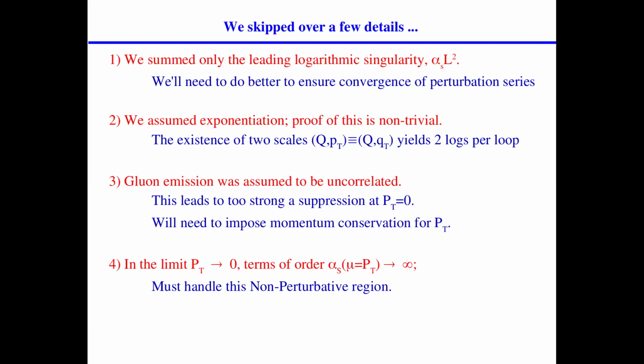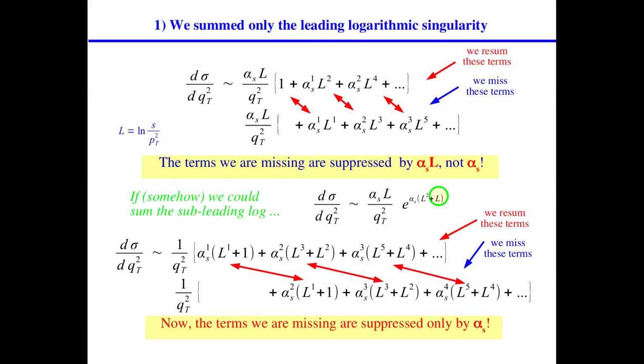And then in the limit PT goes to 0, the alpha S argument can go to 0, and that leads to infinities. So I've got to do something here. I've got to handle this non-perturbative region, and that'll be the B star prescription. So this is just, as I said, an overview roadmap, but let's take a look at these 4 things one by one.